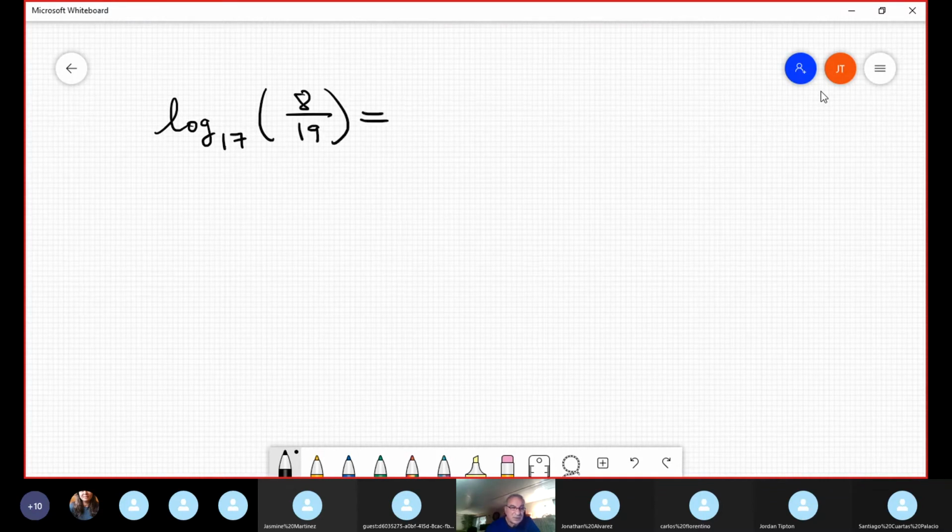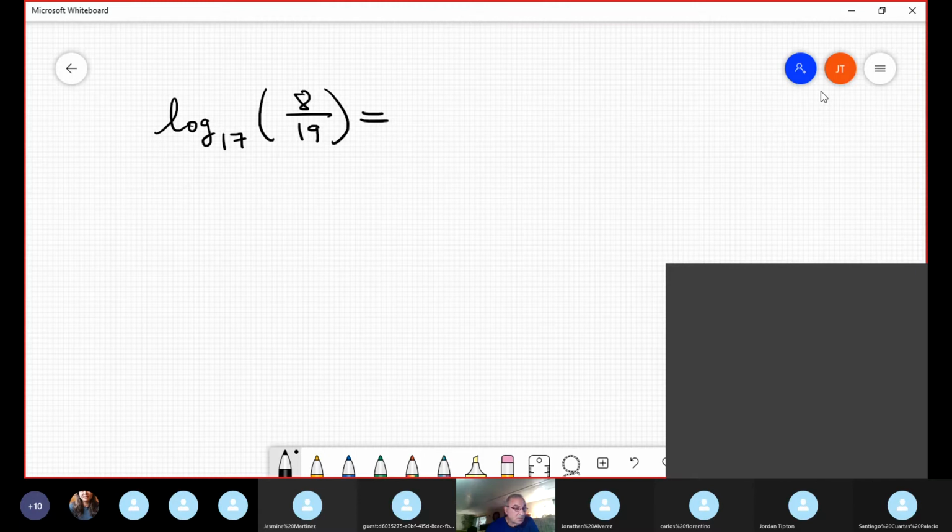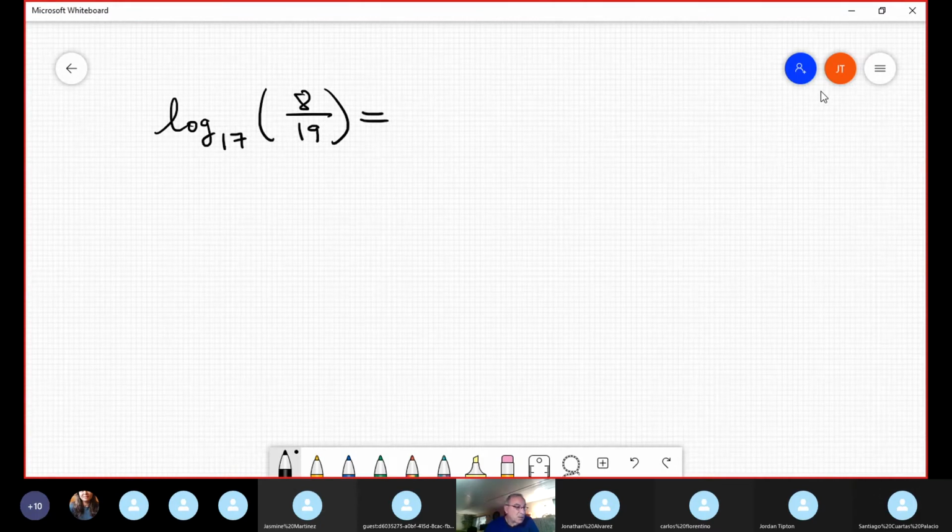So, day one, this is a typical question. It's super easy, super elementary. You expand, so you write this logarithm as a sum or difference.